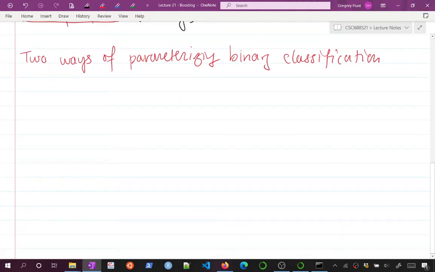The typical scenario we've worked with so far is that my response variable y in binary classification is one of two classes. One typical way of parameterizing that is y is 0 or y is 1. Just two classes, but those numeric labels are kind of arbitrary.